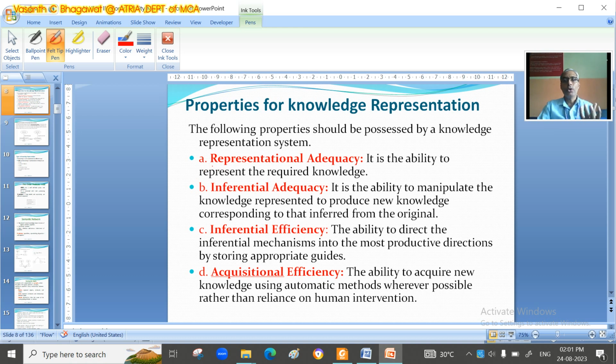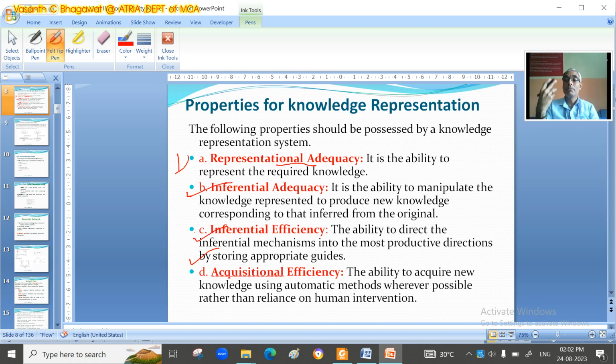We defined four important properties: representational adequacy, inferential adequacy, inferential efficiency, and acquisitional efficiency. We have discussed all these. Representational adequacy is the ability to represent the required knowledge. When you build a particular system, is it possible that all the knowledge we have can be represented?